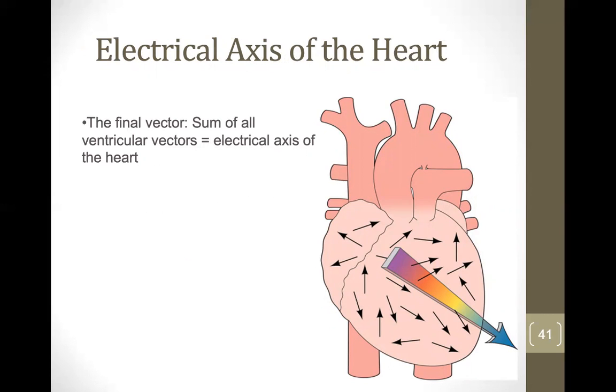So when we look at all these individual vectors that are all firing within the heart and you add them all together, overall, in general, we tend to have a vector that is moving from the upper right portion of the heart down to the lower portion of the left ventricle. And that's the sum of all of those vectors added up.